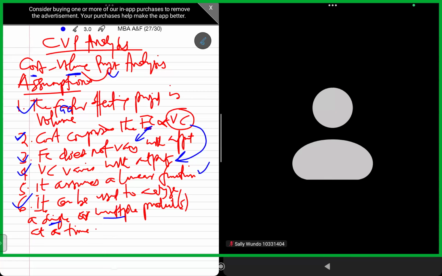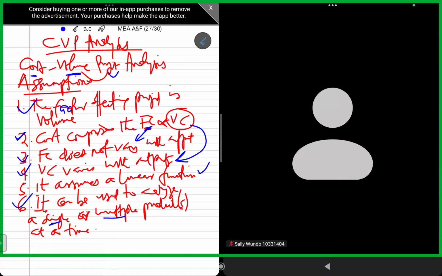Then we go to profits. The only factor affecting profit is volume. Then we can move on to the linear function nature of the concept.